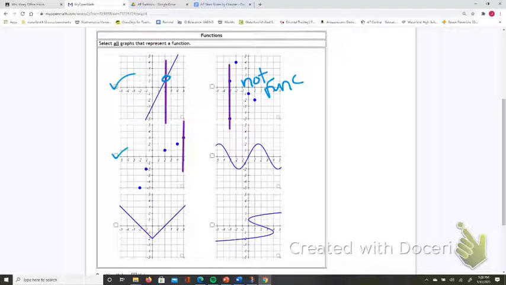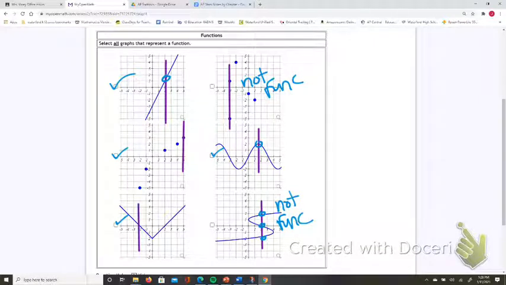Okay, this one only touches it once. Yes, it's a function. Okay, this one only touches it once. Yes, it's a function. Now, if I draw my vertical line right there, it passes. But if I draw my vertical line there, it fails. So remember, if it fails anywhere, it fails.